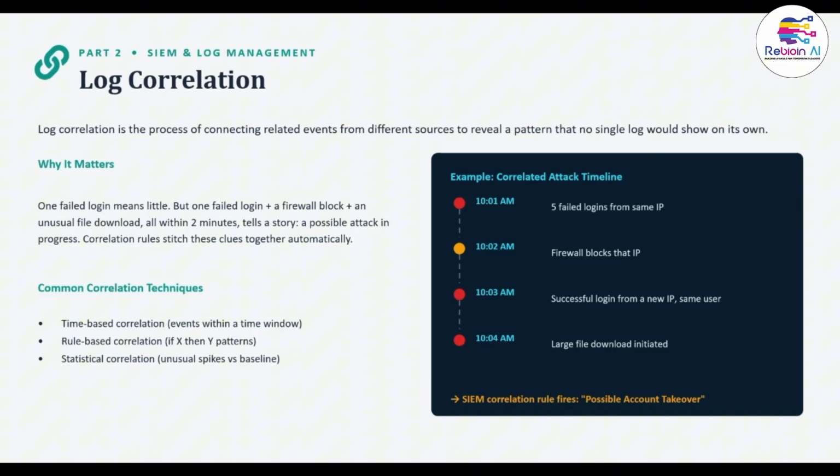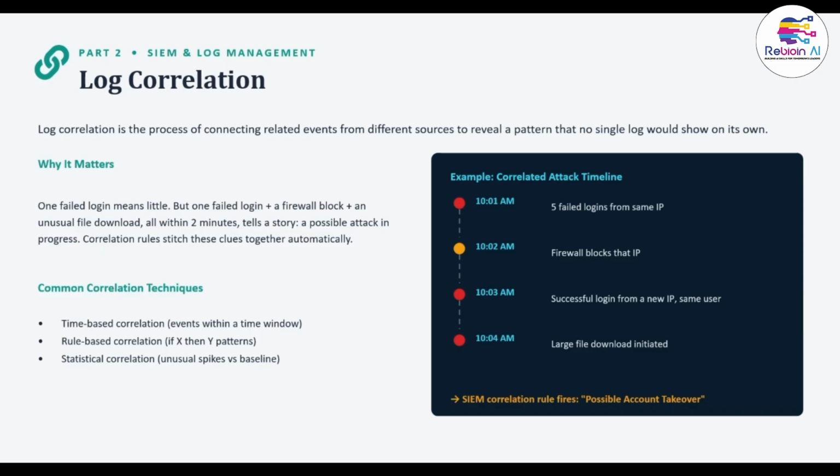So there are 3 common correlation techniques. First, time-based correlation, that is, looking for events that happen within a specific time window of each other. Second, rule-based correlation, using explicit if X happens, then Y matters, written by security engineers.